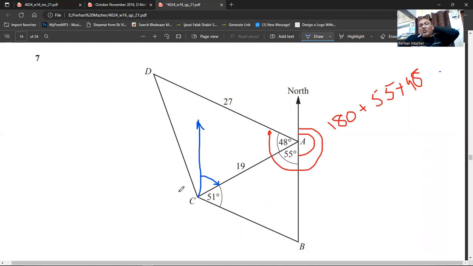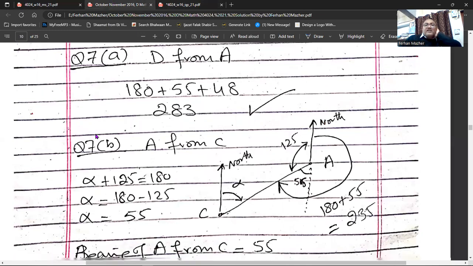So how can we find this? Can you see that this line and this line are parallel to each other? Whatever this angle is, the same angle will be here. We call this alternate angle. So this angle is 55 because this line and this north are parallel, so they are alternate angles.